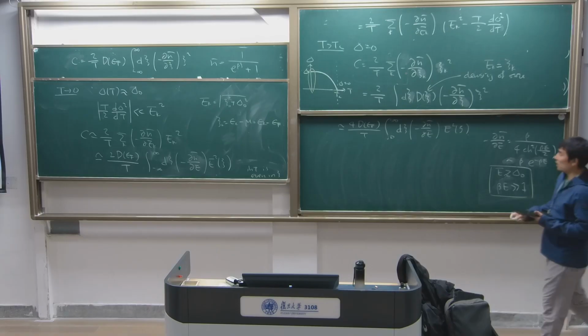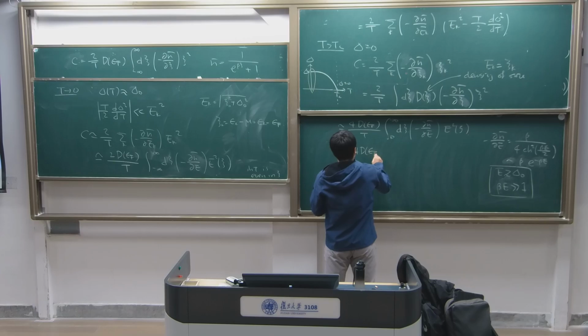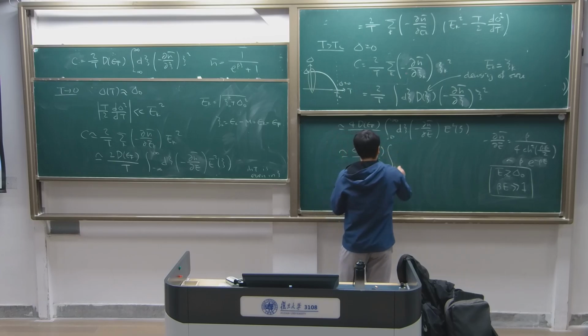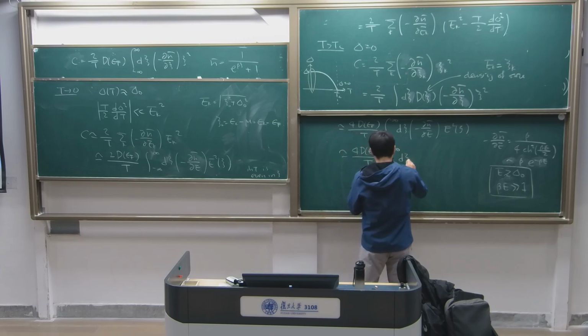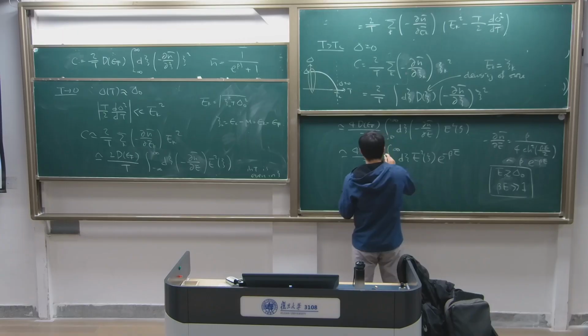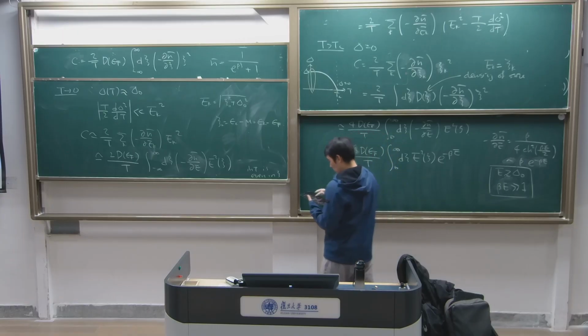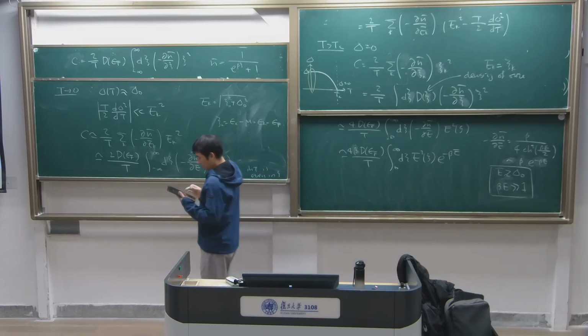Plug down into here, then this is roughly equal to E to F and E, 0 to infinity, E to C, for beta. Okay, like this.